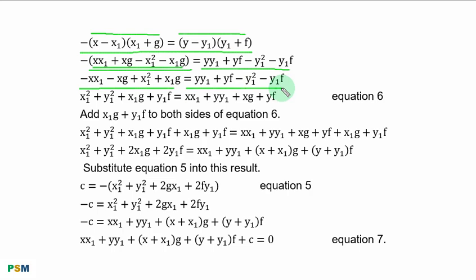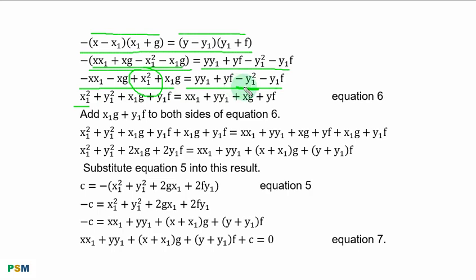To continue, you have to rearrange the result such that it follows the general form of the equation of a circle. You begin by taking this term, you have it here, followed by this term.